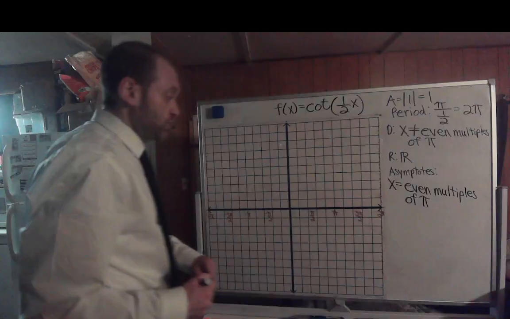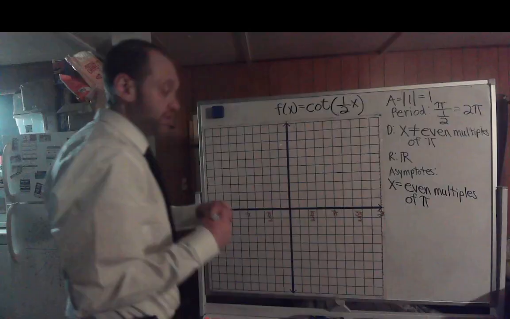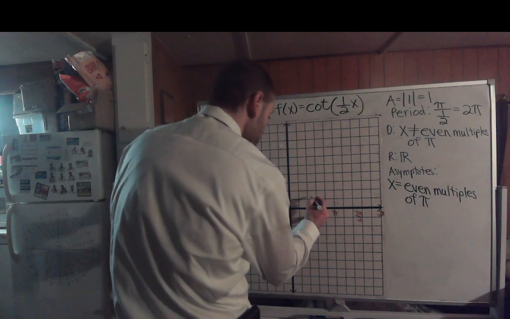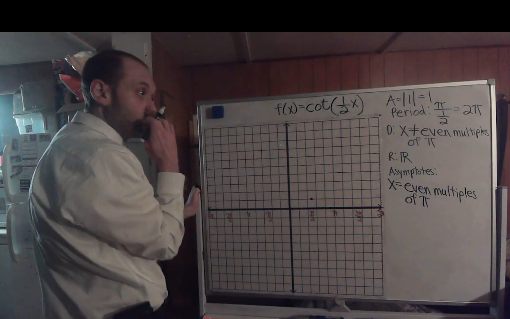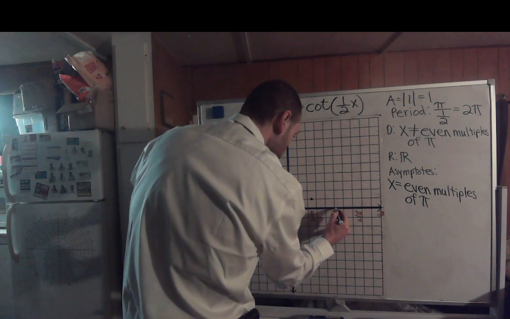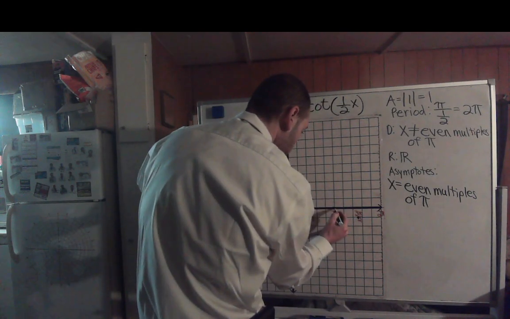Alright, so let's go to pi over 2. If I put in pi over 2 for x, I would get the cotangent of pi over 4, which is 1. If I put in pi, I would get the cotangent of pi over 2, which is 0. If I put in 3 pi over 2, I get the cotangent of 3 pi over 4, which is negative 1.